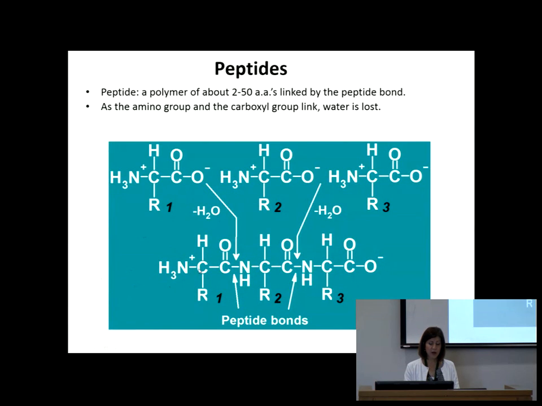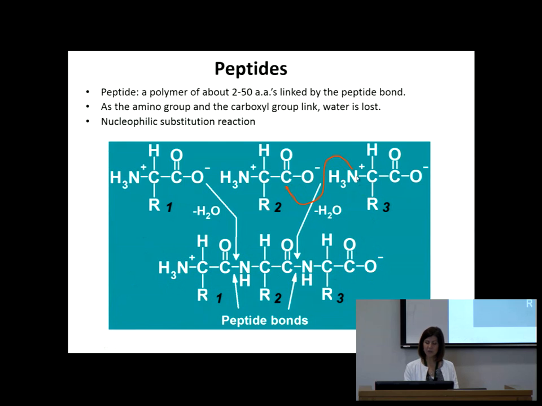The N terminus is where you have your nitrogen, your amine group free, and the C terminus is where you have the acid free. So you have your N terminus, alpha carbon, carbonyl, nitrogen. This is your peptide bond. Alpha carbon, carbonyl, nitrogen. That's your peptide bond. Alpha carbon, and then here's your C terminus.